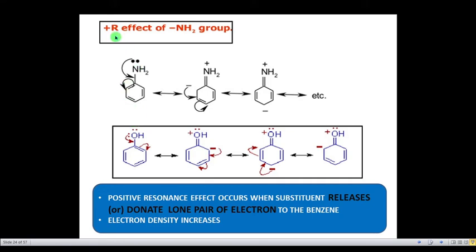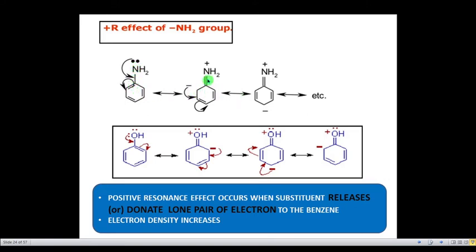In the positive resonance effect, the substitution releases or donates the lone pair of electrons to the benzene ring, so that the electron density increases in the ring. We should remember that in the case of the NH2 group or OH group present in the ring, the lone pair of electrons is transferred to the benzene ring.